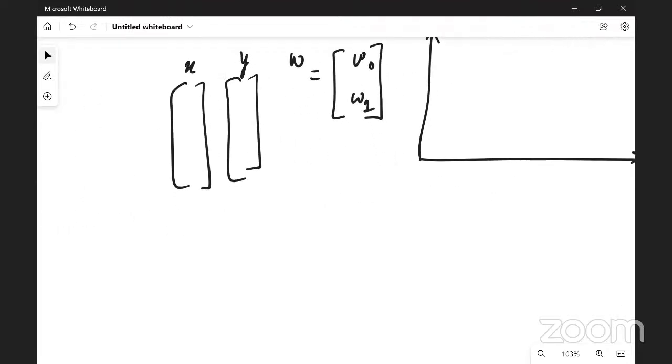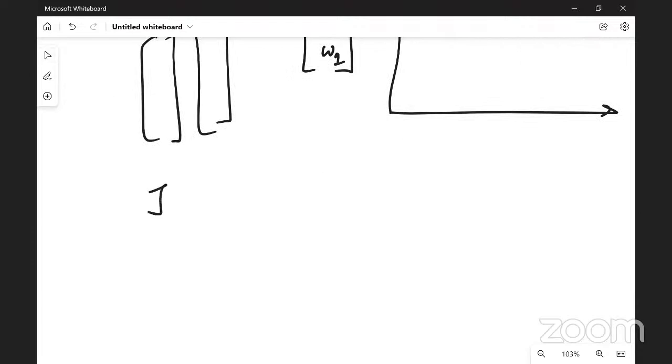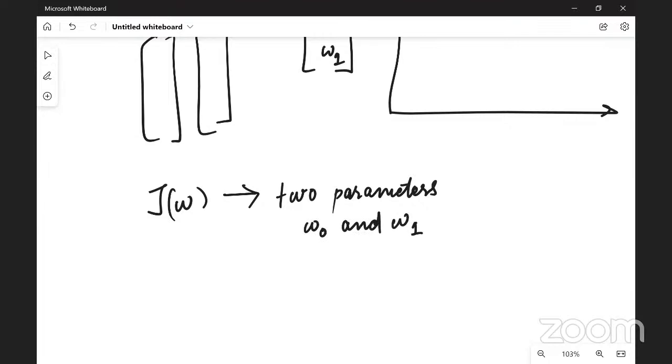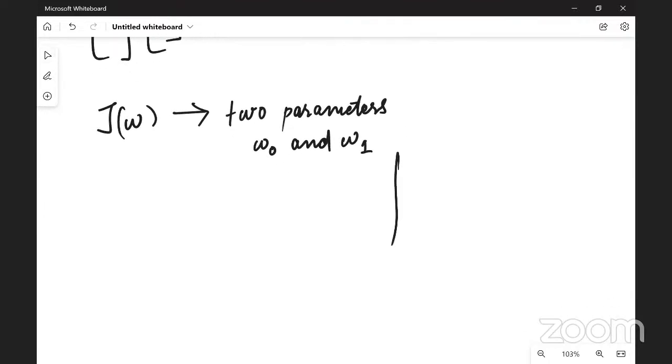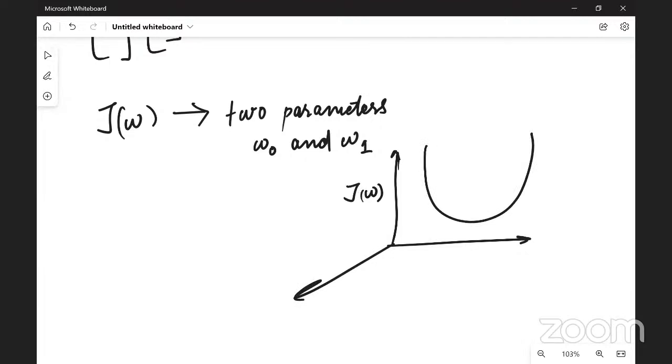Then in a situation like this, you will have a loss function which has two parameters, W0 and W1. In such case, you will have a 3D diagram. A bowl-like shape, a 3D bowl, of course, where on the z-axis you have JW, which is loss.